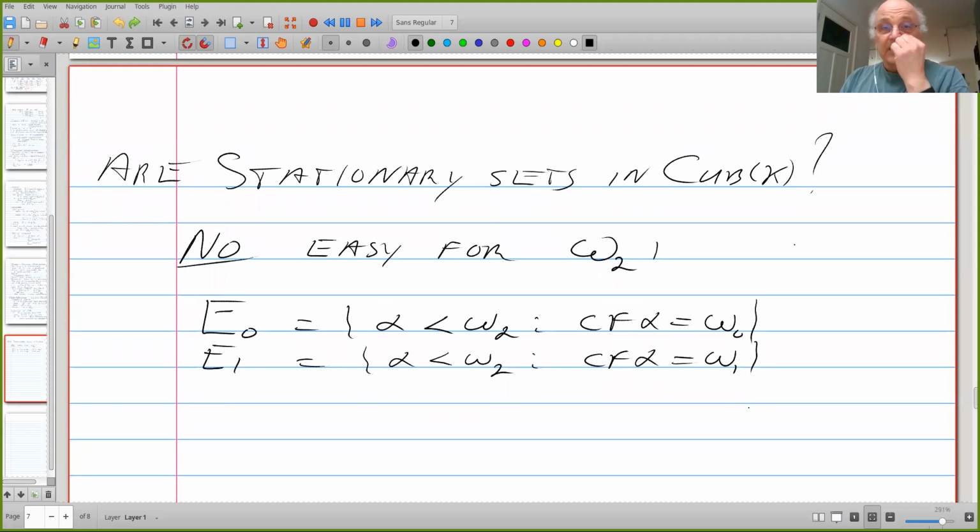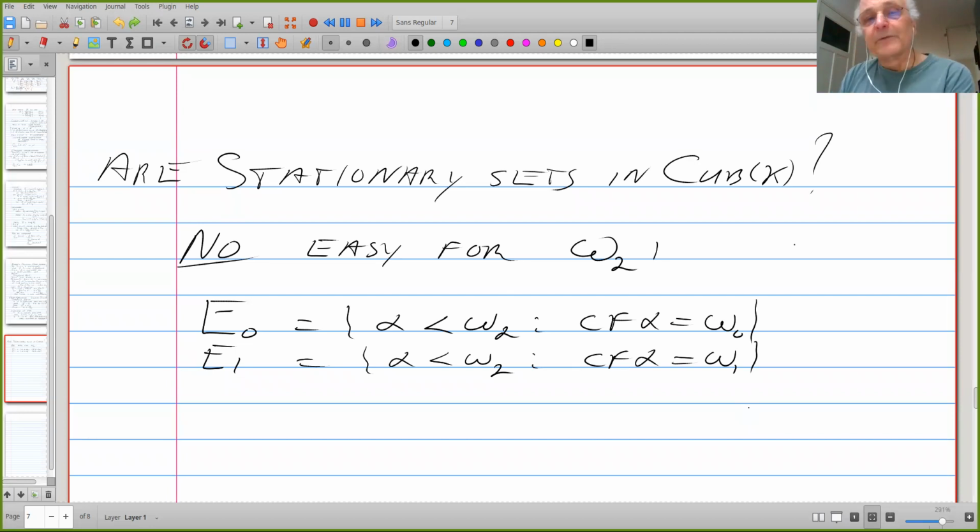Now, these two are stationary. If you have a closed unbounded set in omega 2, does it have an element that has countable cofinality? Yes. Take the isomorphism between the closed unbounded set and omega 2. We have learned that for well-ordered sets, if there is an isomorphism, there is only one. And cofinal subsets of omega 2 are isomorphic with omega 2 because omega 2 is regular.